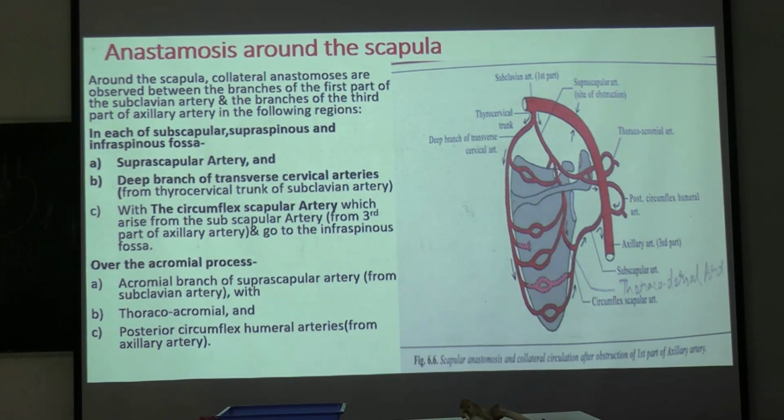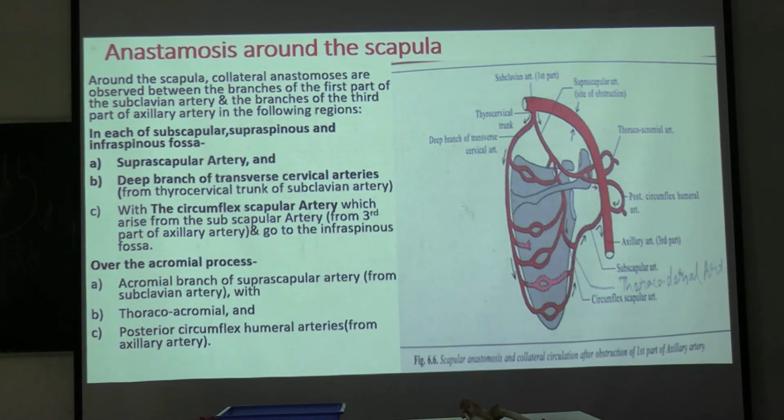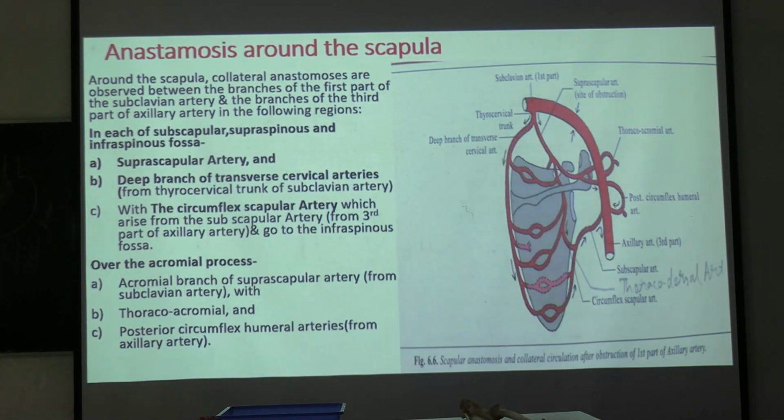Over the acromion process there is another anastomosis. Here the acromial branch of the suprascapular artery from the subclavian artery anastomoses with the thoracoacromial artery and posterior circumflex humeral artery from the axillary artery. These arteries anastomose over the acromion process. So these are the anastomoses around the scapula.